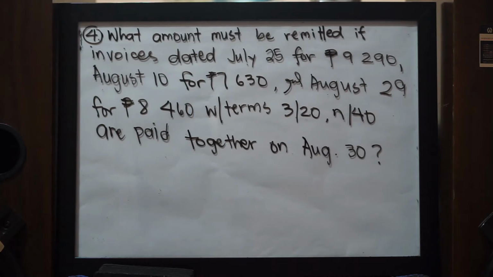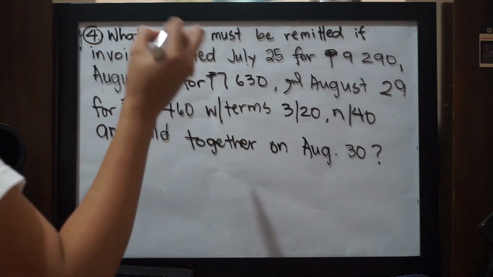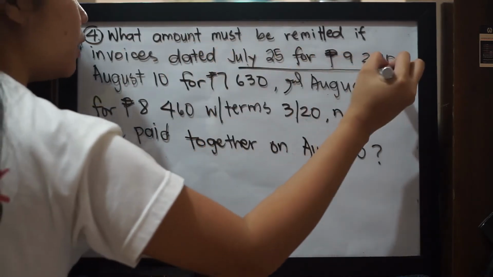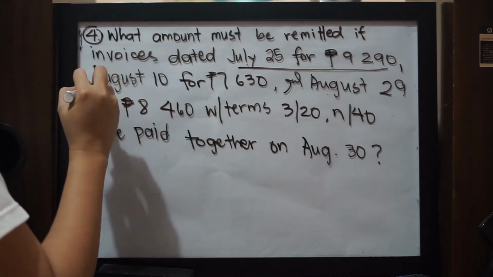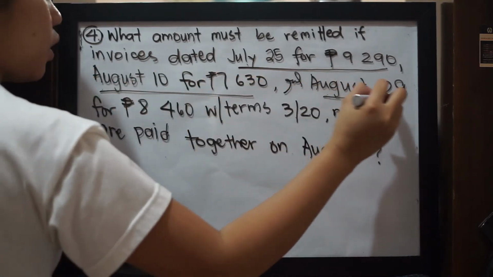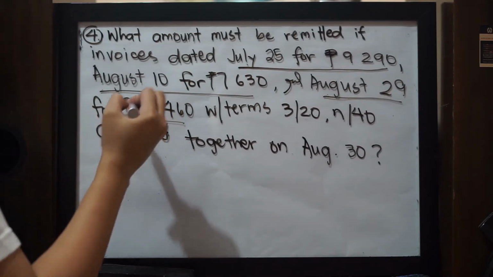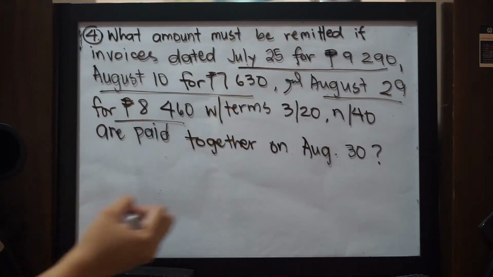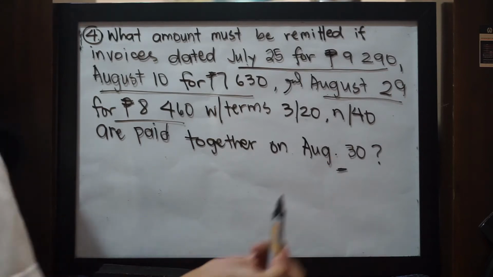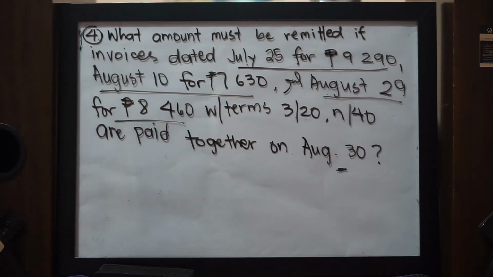So, ibig sabihin, for this problem, you have to get the amount payable using this one. Ito din. Tapos, August 29, tsaka 8,460. Then, you add those three. Then, that will be the payment that has to be made on August 30.